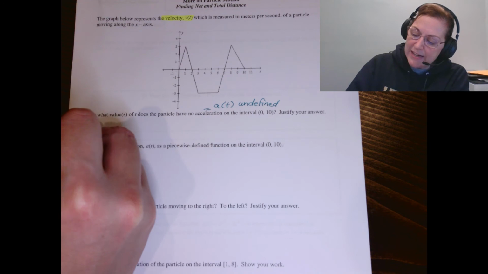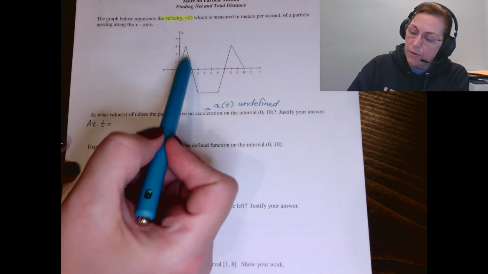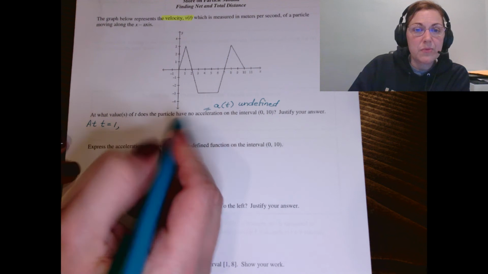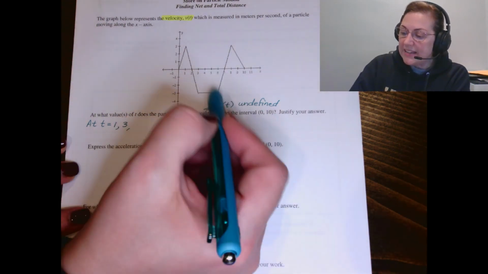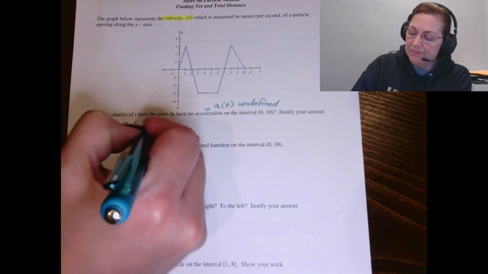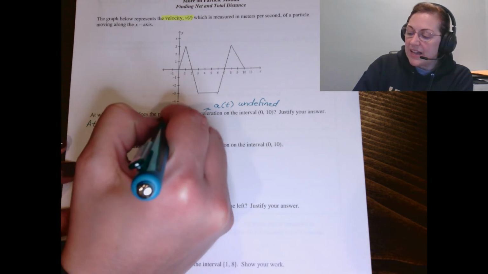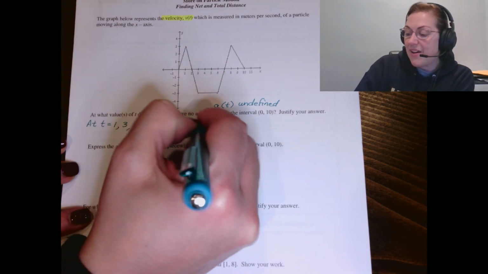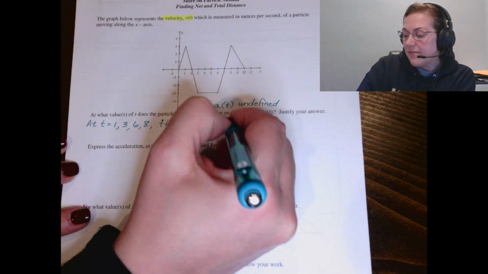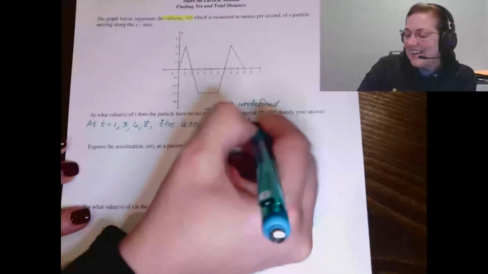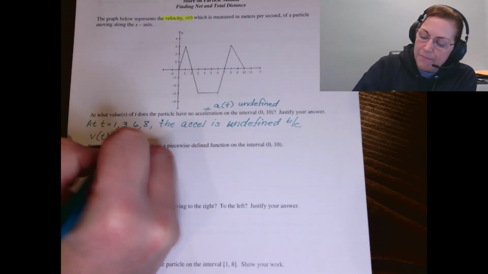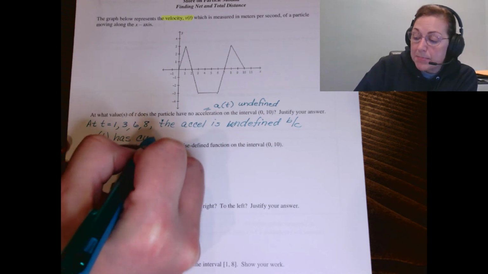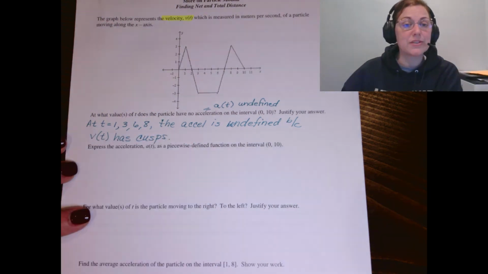That would be at t equals 1 and 3 and 6 and 8. The acceleration is undefined, well, if I can spell today, is undefined because V of t has cusps or sharp turns.